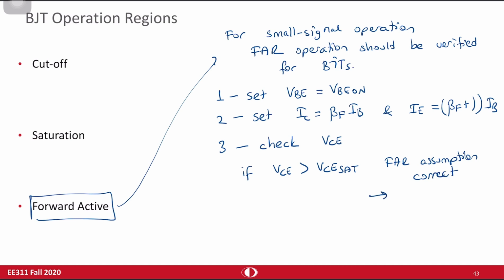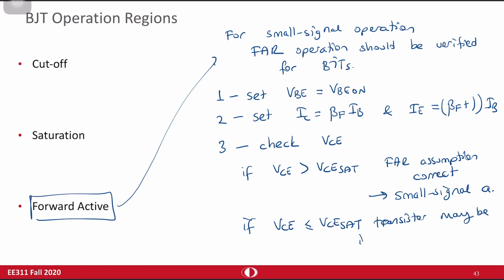Then go ahead with small signal analysis. You can proceed to small signal analysis, and you can find the small signal parameters. If VCE is less than or equal to VCE SAT, the transistor may be in saturation, and stop the analysis.